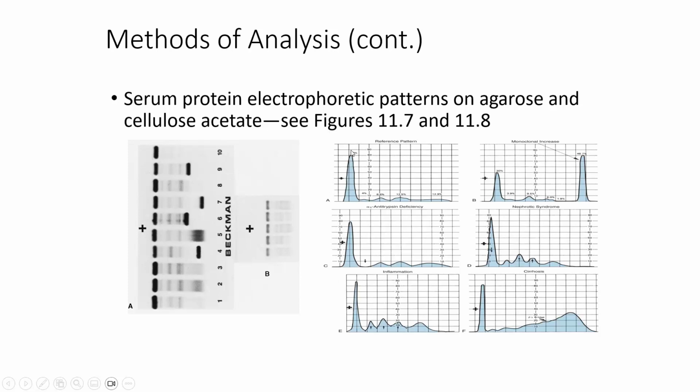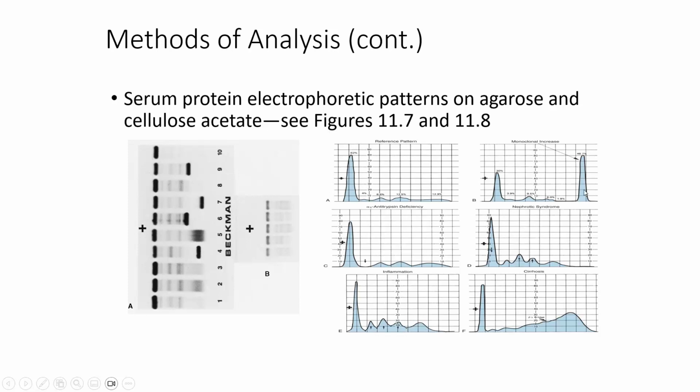So you can see in a normal one what the pattern would look like, and then you can start to see abnormalities. With alpha-1 antitrypsin deficiency, you would have a decrease in this area. If you have inflammation, you would have increases in these areas.